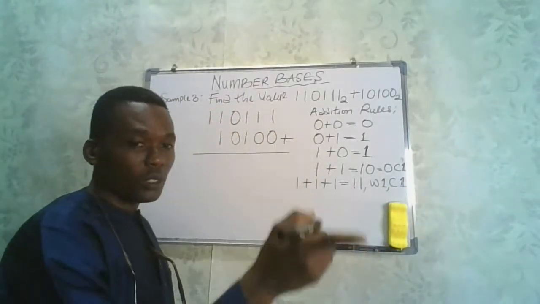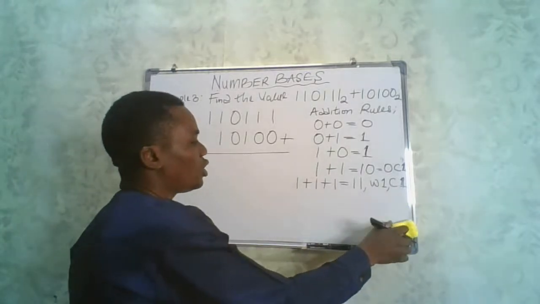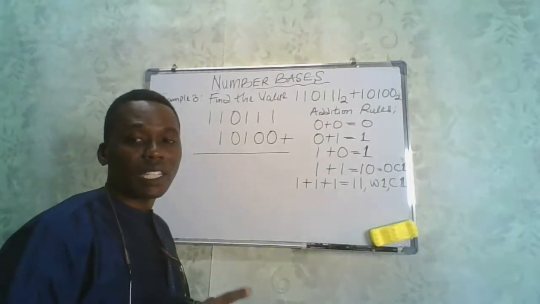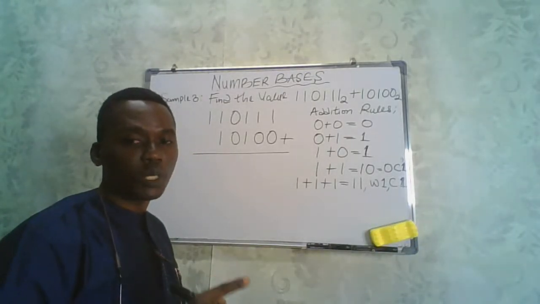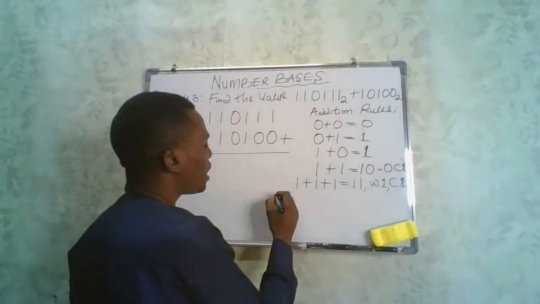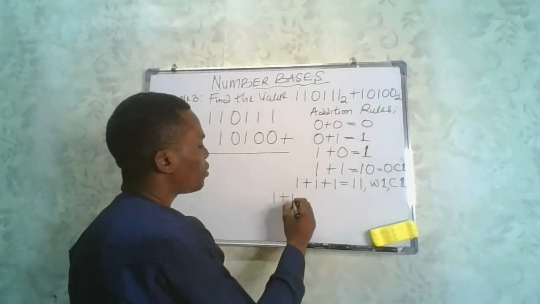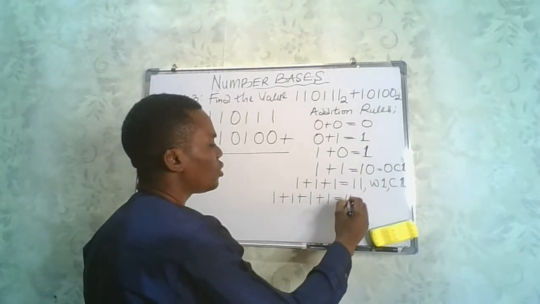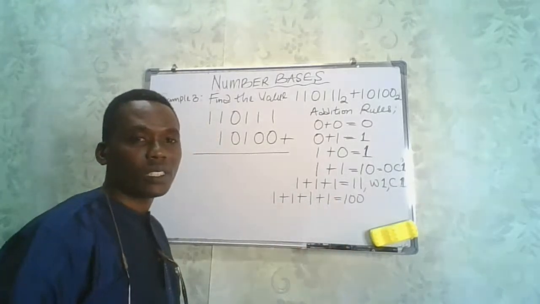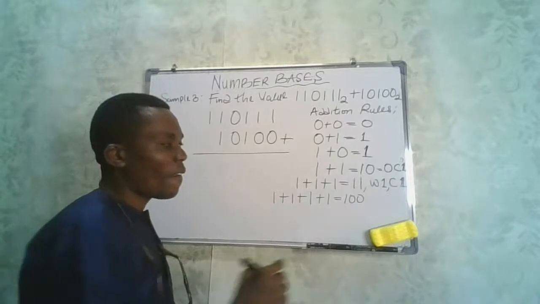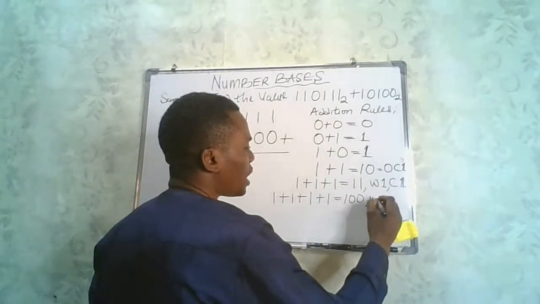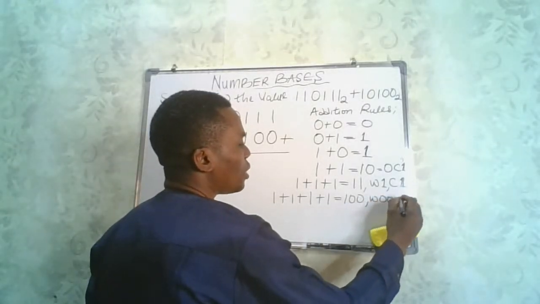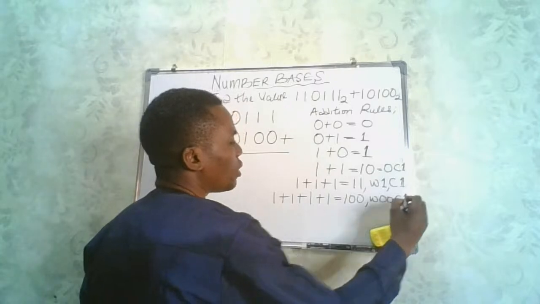Over to the next addition, right? And that is exactly what you should bear in mind. Now, in some additions, we'll be adding four numbers, 1 plus 1 plus 1 plus 1. When you do this, it is going to give you 100. Now, take note of that. What you do here is you write 0 and 0, and then you carry 1.